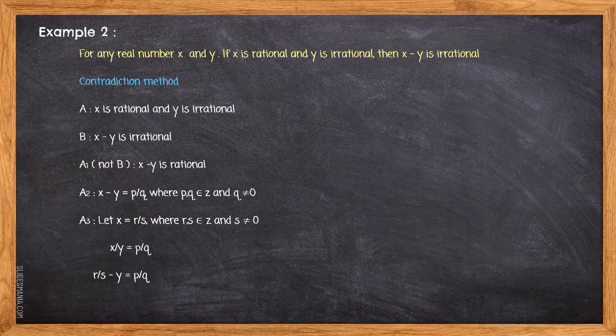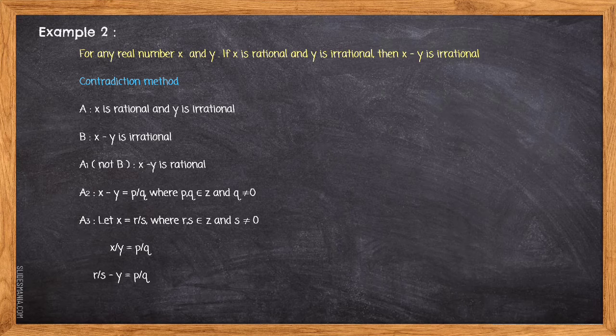A2: x minus y equals P over Q, where P and Q are elements of Z and Q is not equal to 0.